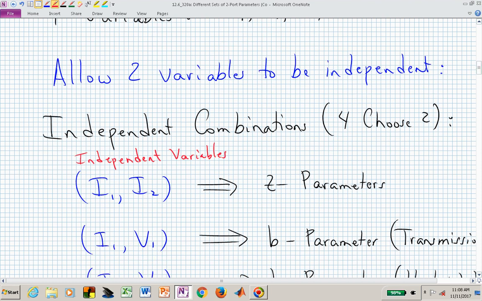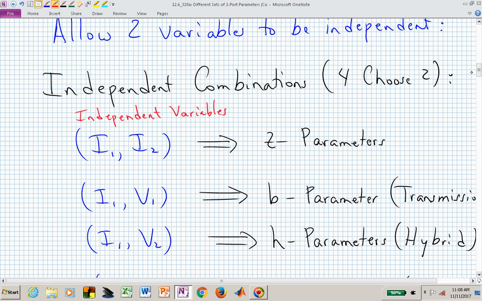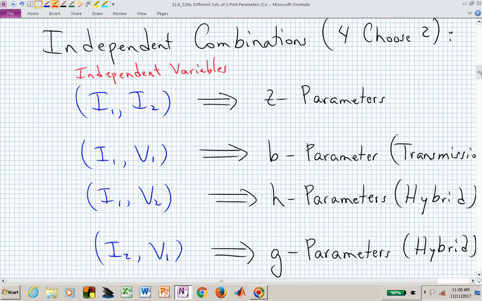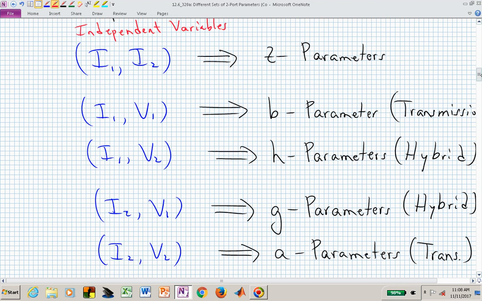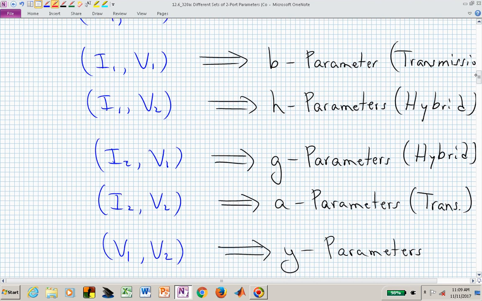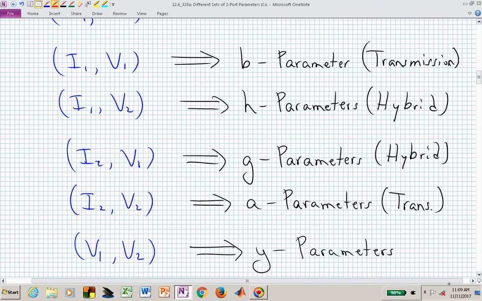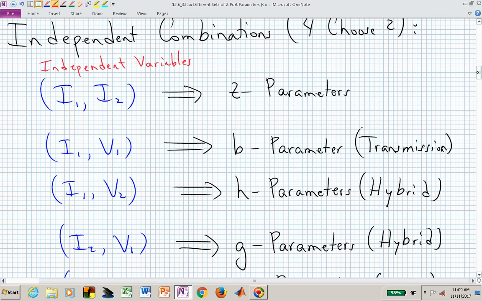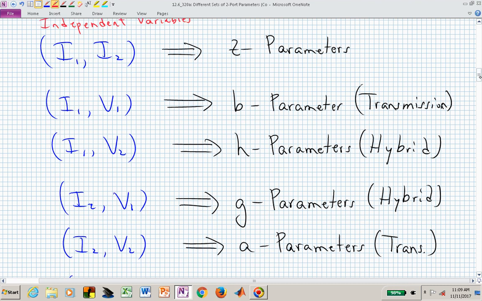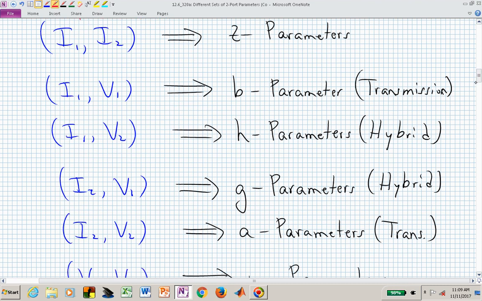We could have I1 and V1, and we could have I1 and V2. We've run out of ways to combine I1 with the other 3. Then we can start combining I2s: I2 with V1, we've already combined I2 and I1, we don't need to worry about that, I2 and V2. And finally, we have V1 and V2. We now have 6 different combinations: 1, 2, 3, 4, 5, 6.